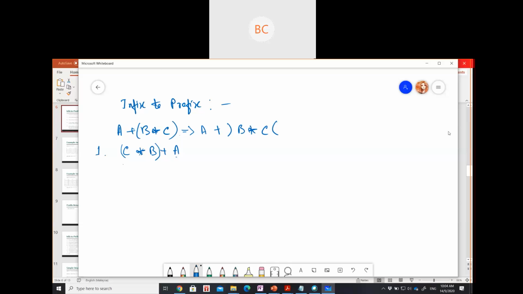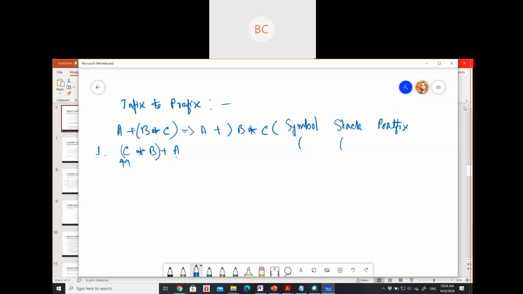So what we will do is the same process again. There will be the symbol, then your stack, then your postfix notation. Correct? So what is our first symbol? It's a bracket. Bracket means we will put it inside our stack.